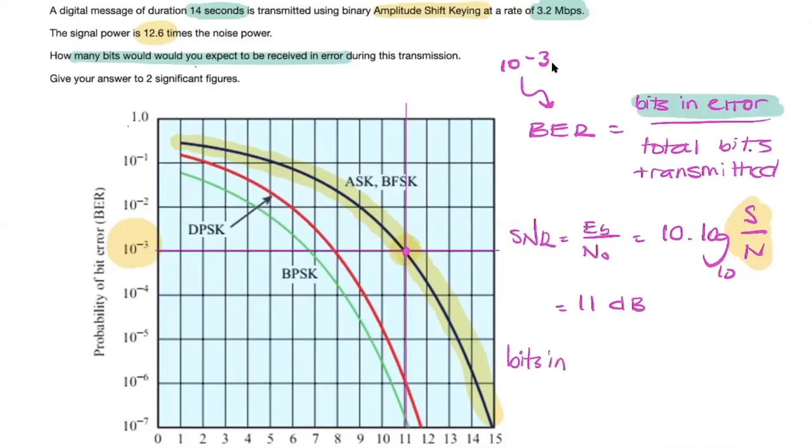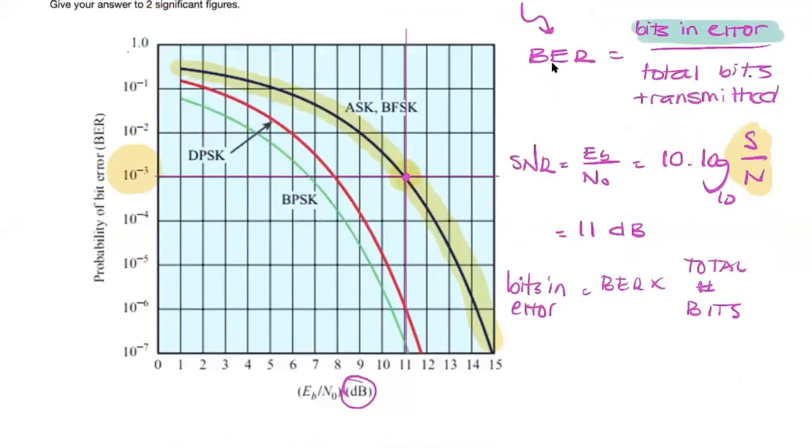And the total number of bits is simply the bit rate, or the data rate, times the duration in time.